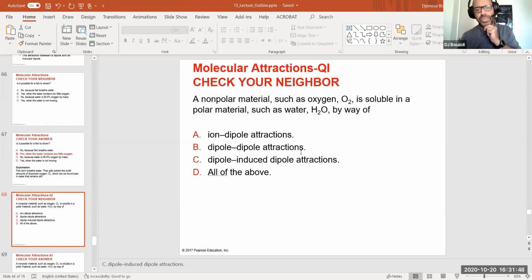So it's not dipole to dipole, it's an induced dipole. Of course, there are no ions here. It's not like the case of salt in water, which is soluble because of ion-dipole interactions. That is for regular salt. But in this case, it's through dipole-induced dipole interactions.